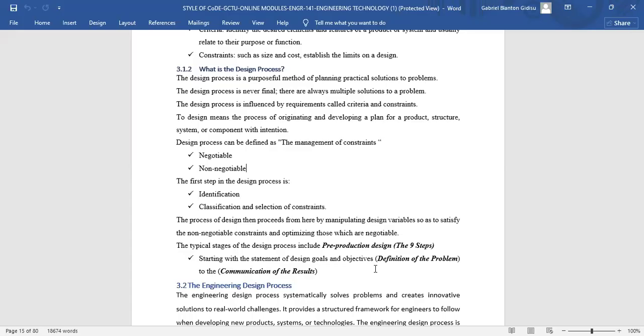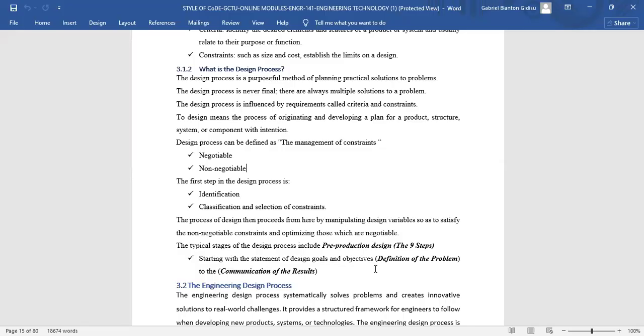The problem is you have identified that Ghana is too filthy, that's a big heading, or you say Ghanaian youths are indisciplined. It's a big headache. It's a problem. So you start from the definition of the problem, then you end at the communication of the results.